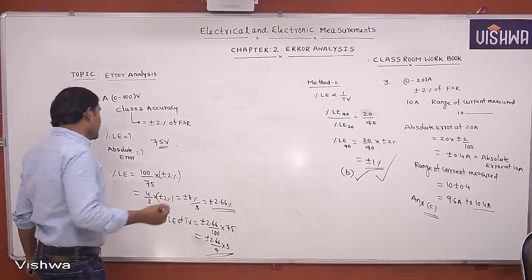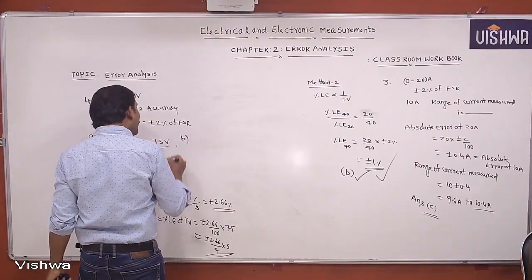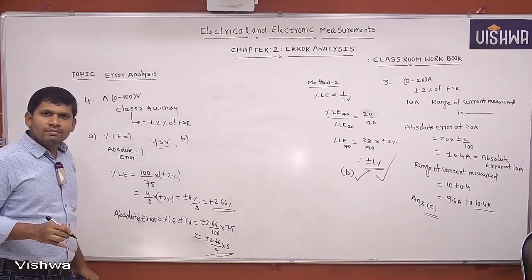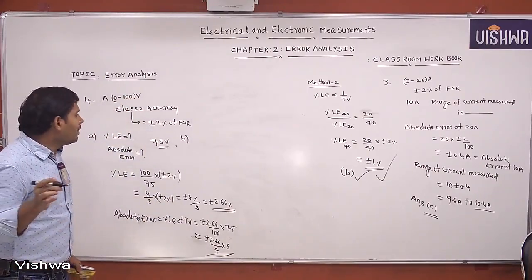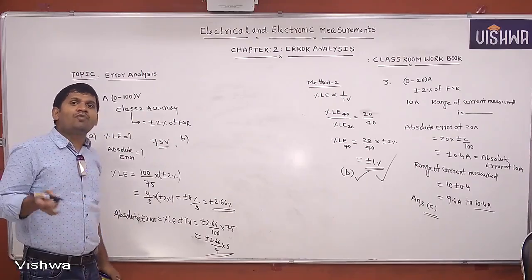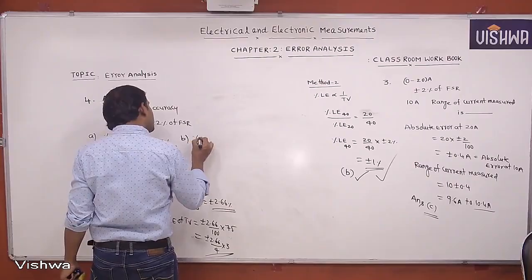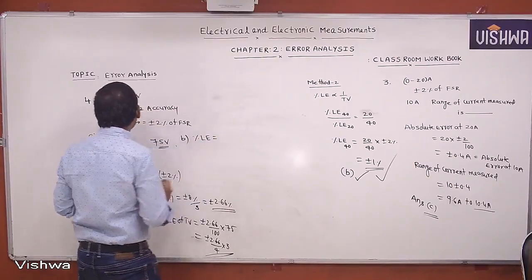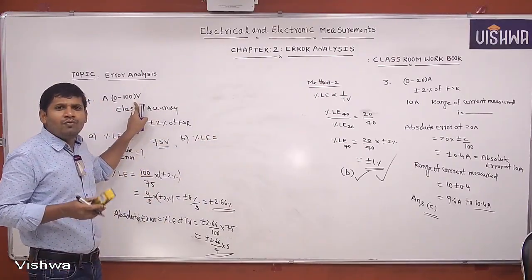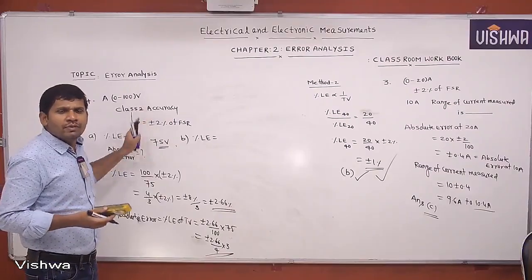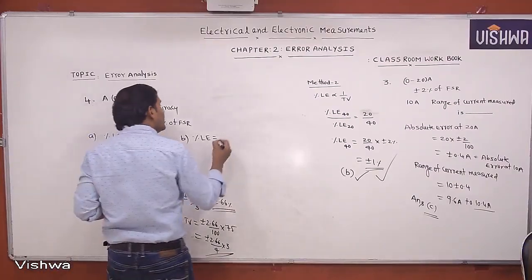What is the B question here? Calculate the percentage limiting error at half full scale deflection. Half of full scale 100 means 50 volts. So you want the percentage limiting error at 50 volts.